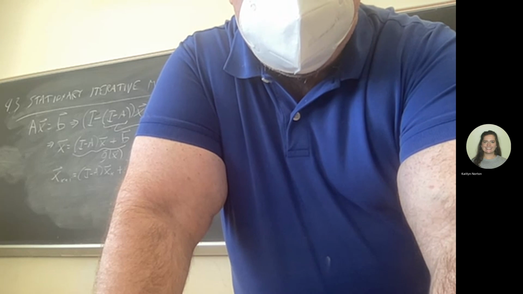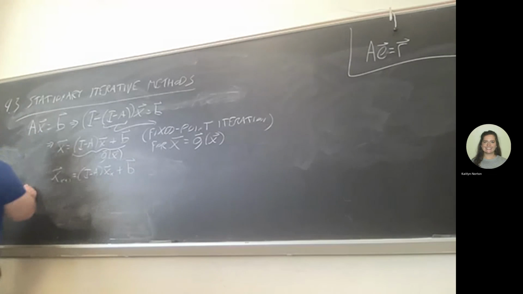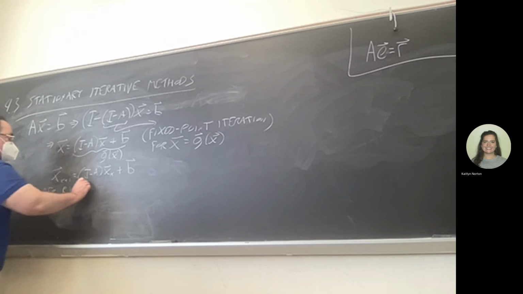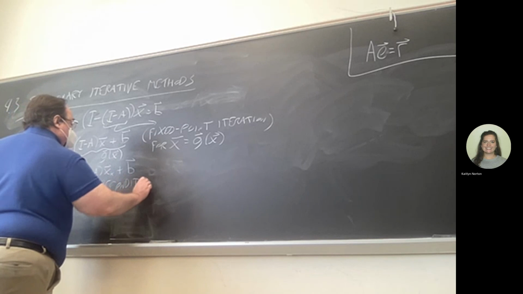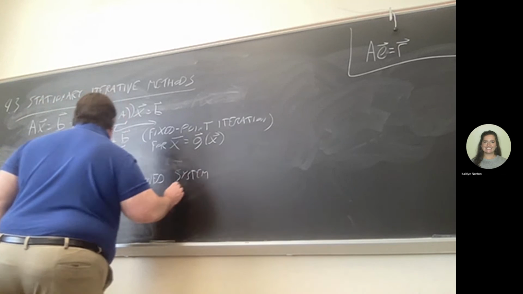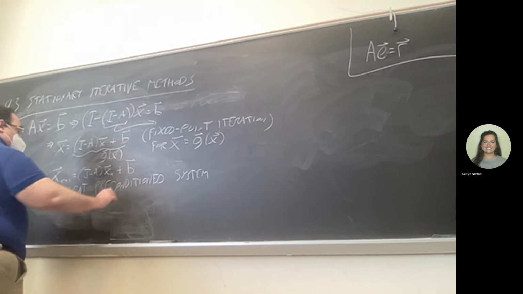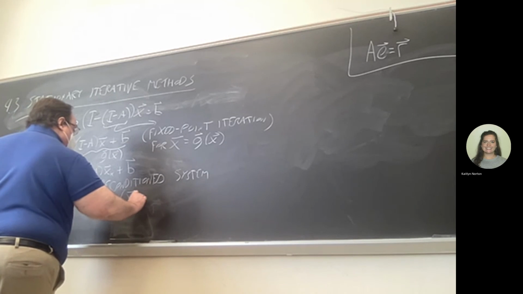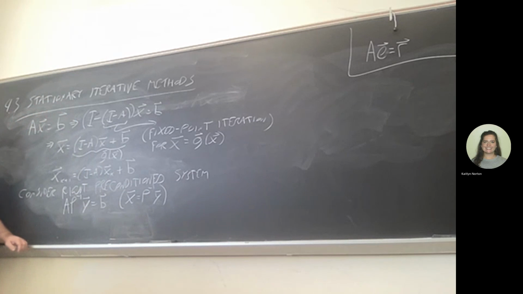I'm going to consider a right preconditioned problem: A P inverse Y is equal to B, and X is equal to P inverse Y. So I'm basically making a change of variable.